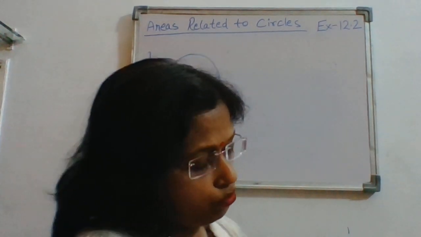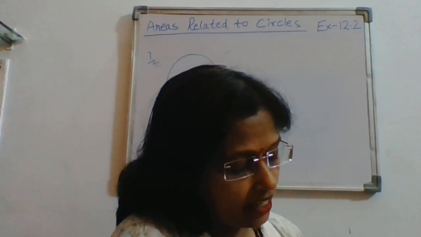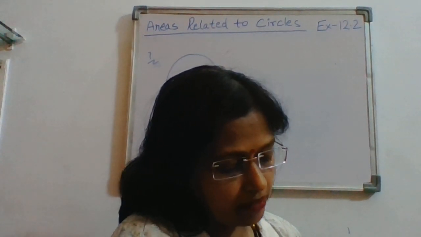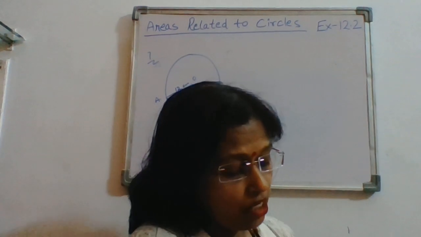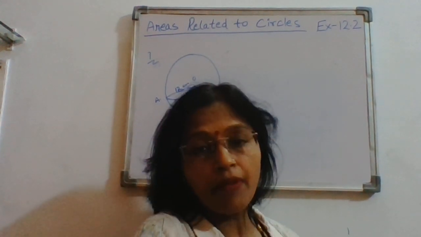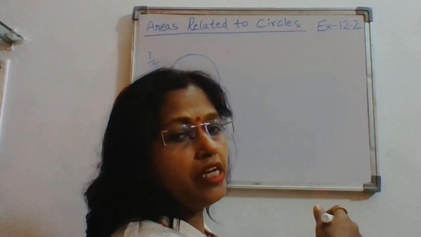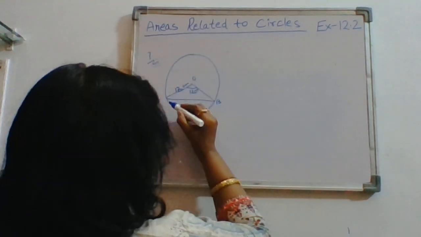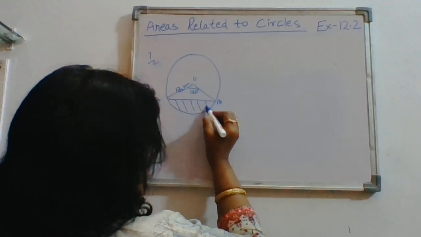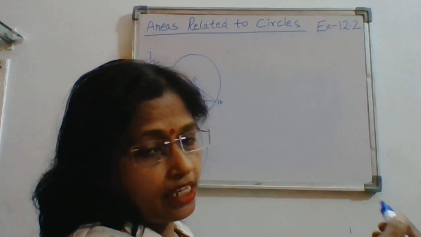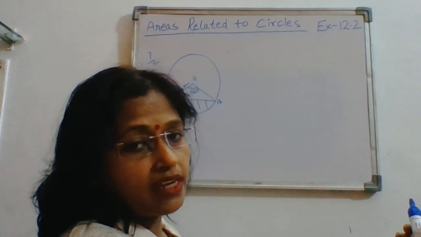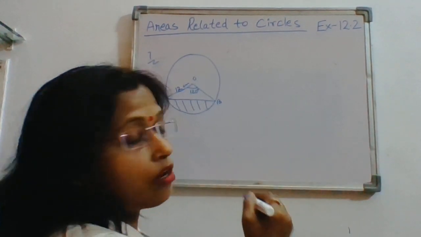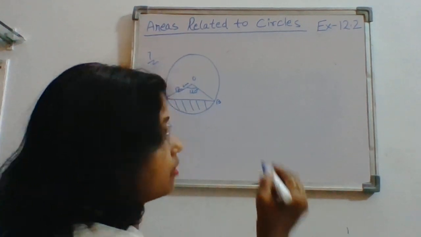And now we have to calculate here the area of the corresponding segment of the circle. Corresponding segment means we have to calculate the minor segment and the major segment both, right? That means first we will be calculating this. Formula remains the same. Area of the sector minus area of the triangle will be your area of this minor segment.